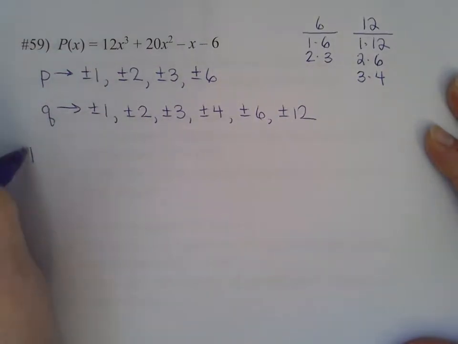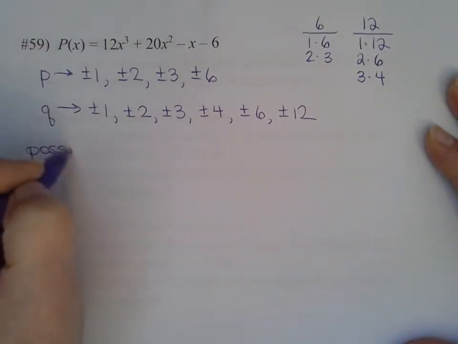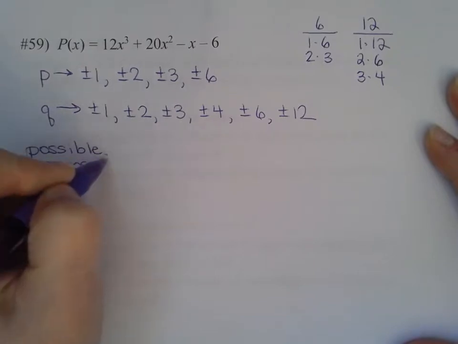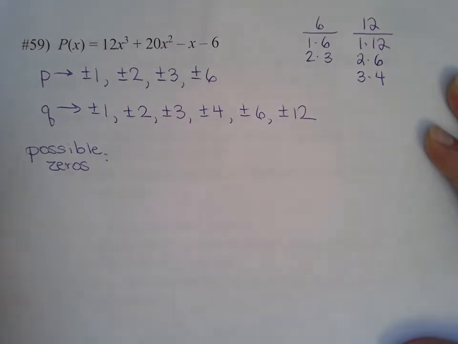Okay, and so the possible zeros that we could have would be all the fractions that we make where we have P over Q.